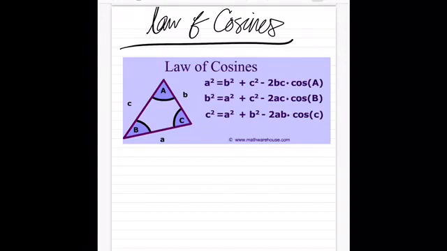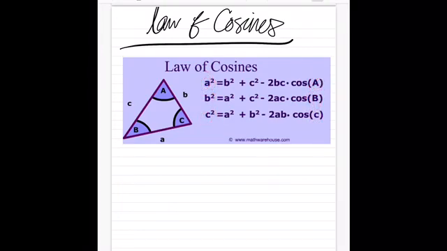Now before, when we were doing law of sines, the angle had to be on the top and the side on the bottom, and they match that way. This time, this has to match this. Again with B, this has to match this, and this matches this.